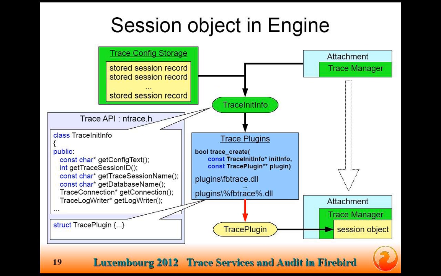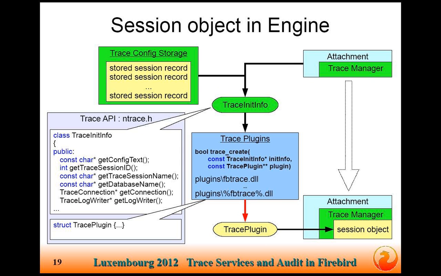This is how it happens in more detail. Again, the trace configuration storage has its session records and its change number. The change number in the trace manager is different, so the trace manager should update its internal session objects. At the first step, the trace manager creates a special trace init info structure and passes it into every trace plugin it can find.